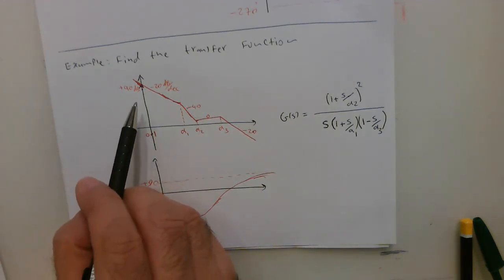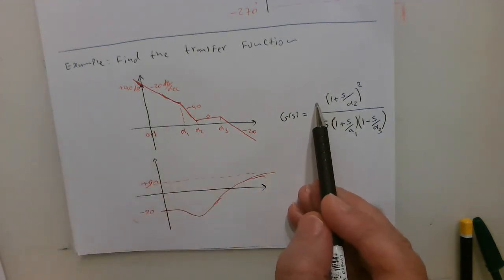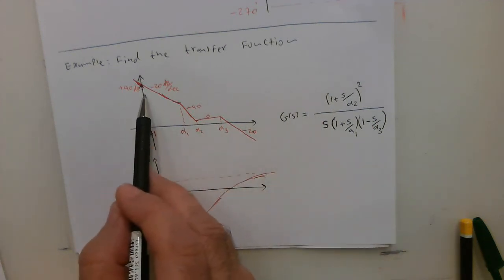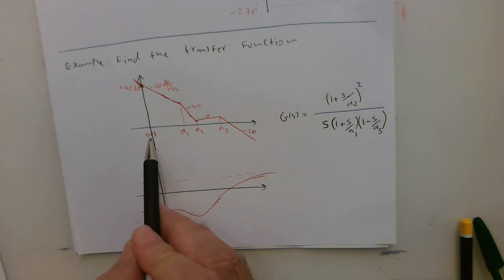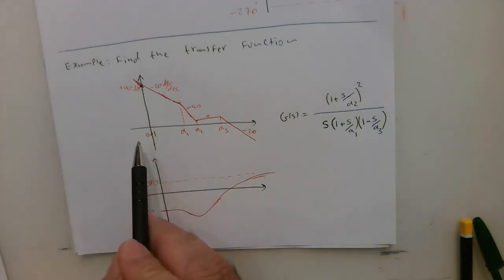To find that, if we assume that the gain is 1, what would be the magnitude of the Bode diagram at frequency equal 0.1?